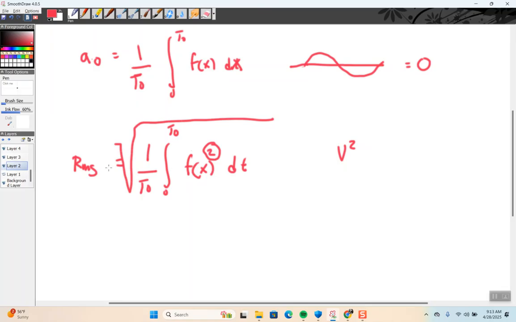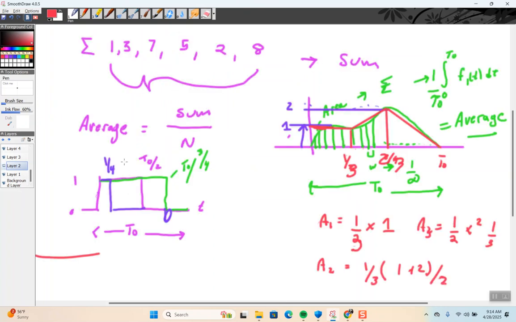No bad intent. Because think about it. RMS takes something with frequency and turns it into a constant. All of these were frequency dependent and we're turning them into a constant.